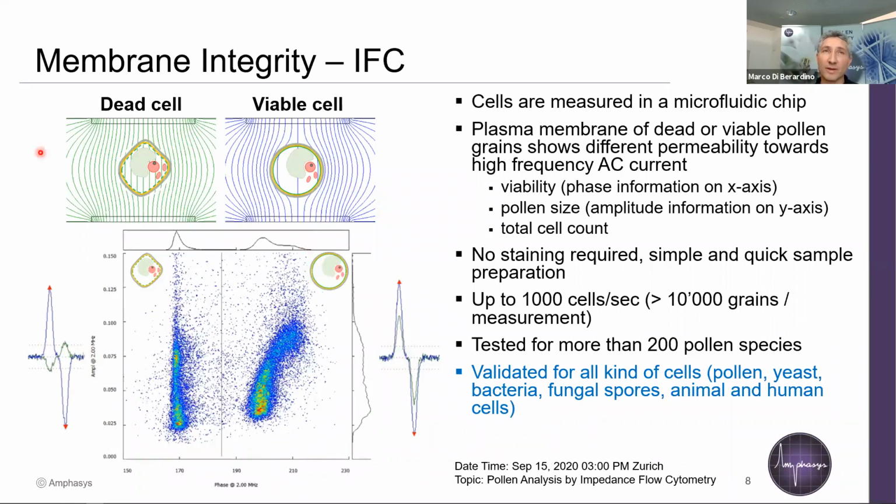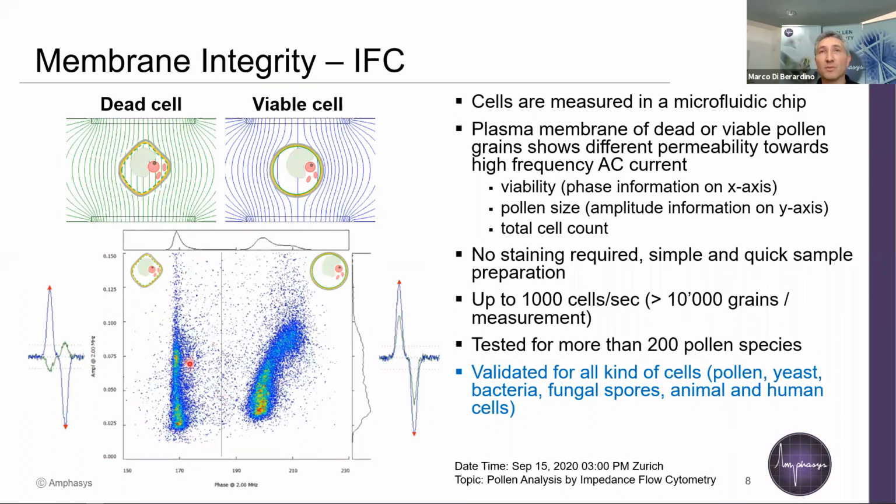The cells flow through this microfluidic chip, and they are crossed by an alternating, high frequency current, which in a dead cell that has a compromised cell membrane passes basically through the cell, while for a viable cell, the current is somehow retained, which leads to a different impedance signal.